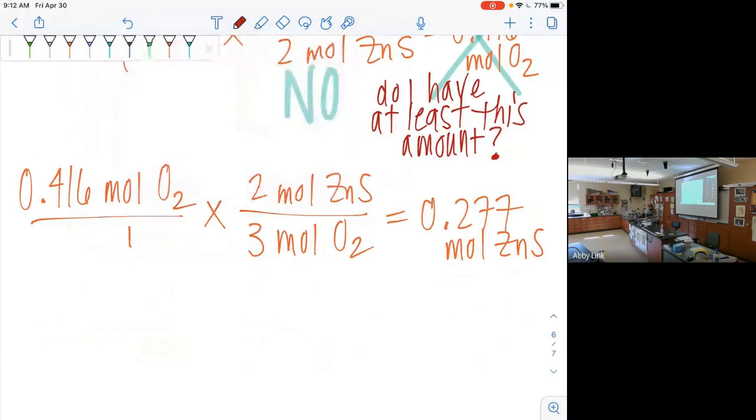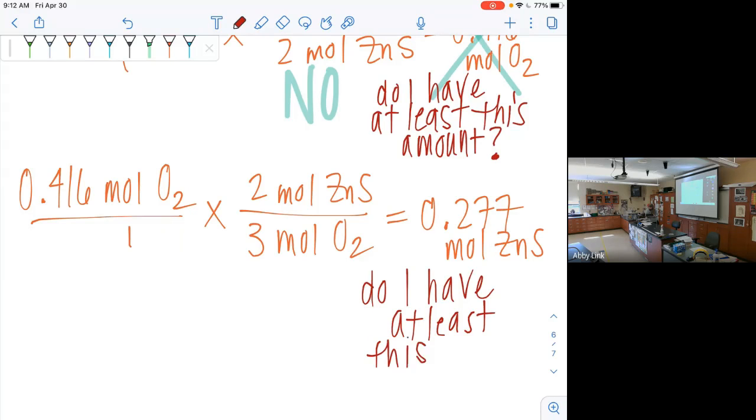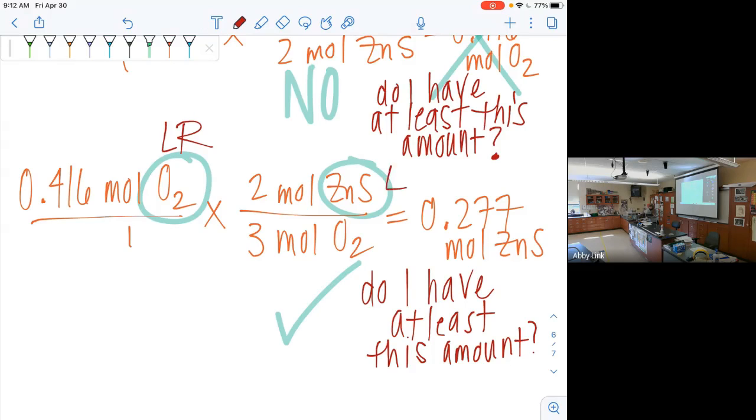There's my question. Do I have at least this amount? Yes. So yes, we do. So that means O2 is my limiting reactant, and then ZnS is my excess reactant, or ER.